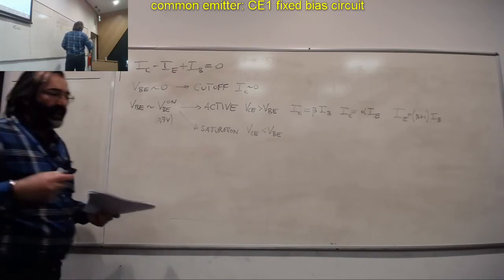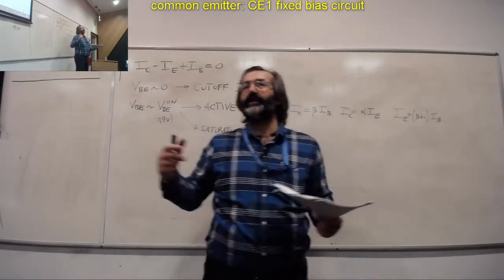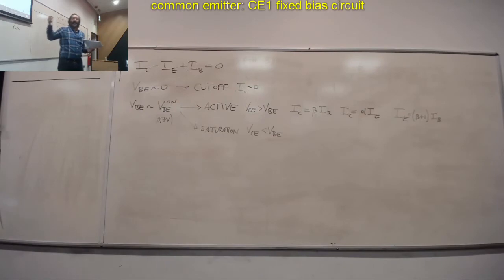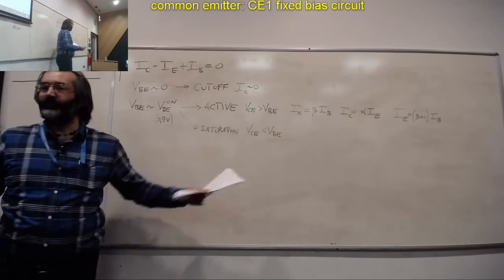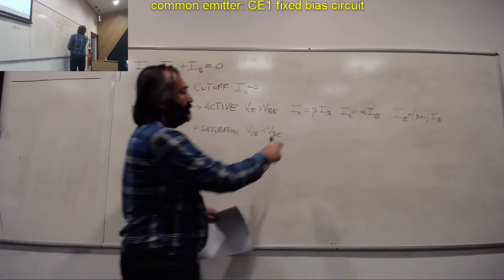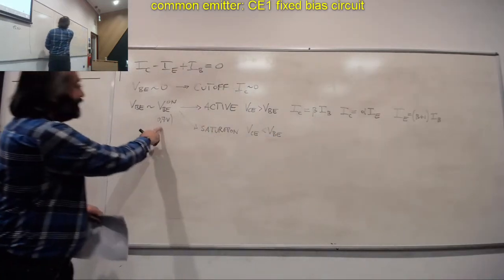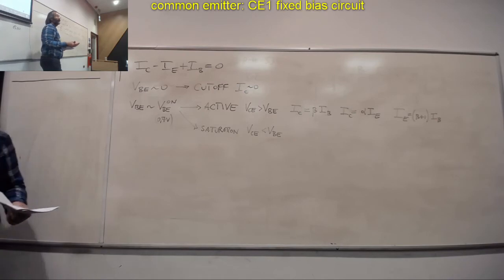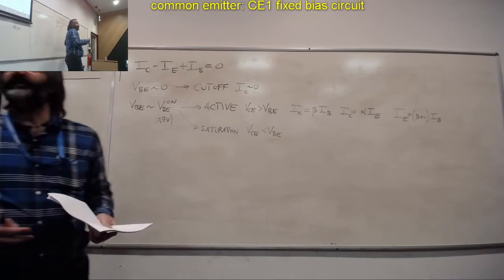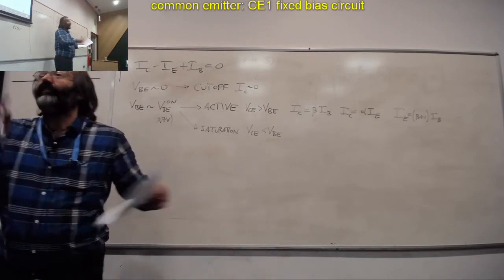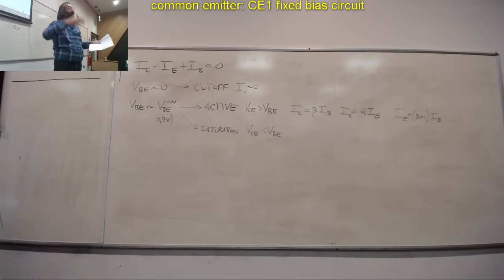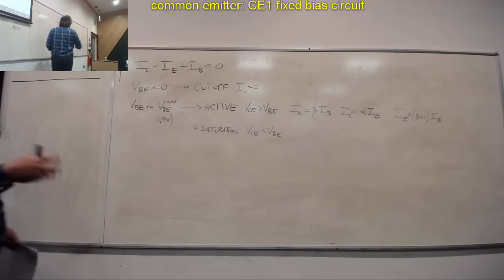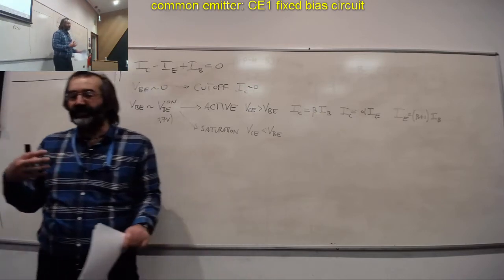The stability comes into play because the important parameters we've just learned about, beta, VBE on, all depend on temperature, for example. They depend obviously on the transistor. They vary from transistor to transistor of the same model. So there is a question there.